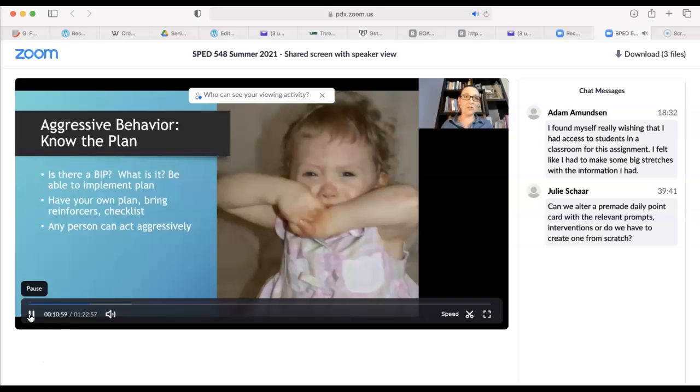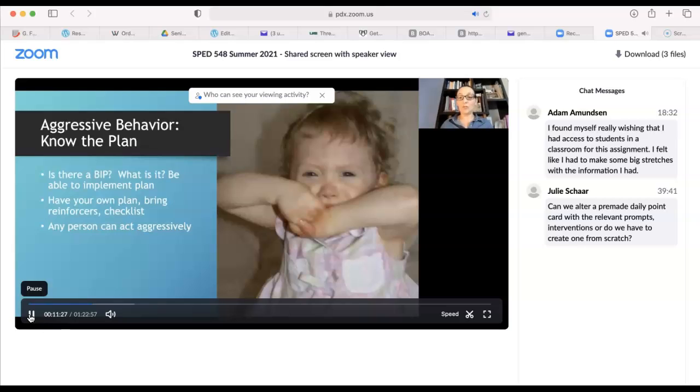You need to know if something goes awry, what should I do? And two, it's really important to the child that all of their teachers and service providers are on the same page, and you're not doing something different than another. So this kid doesn't have to learn 7 different behavior interventions. They're just focusing on learning one. So know the plan and how to implement it.